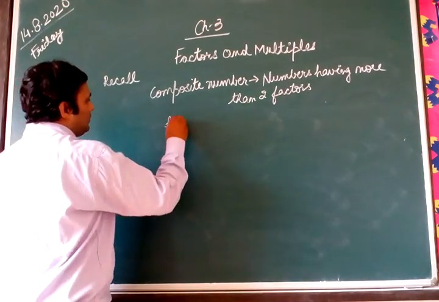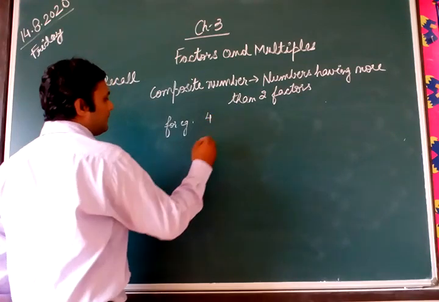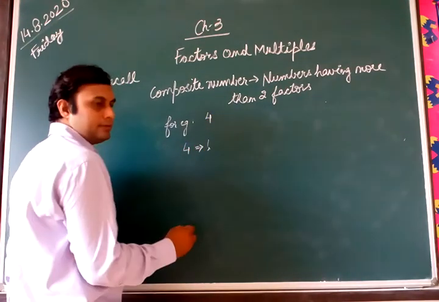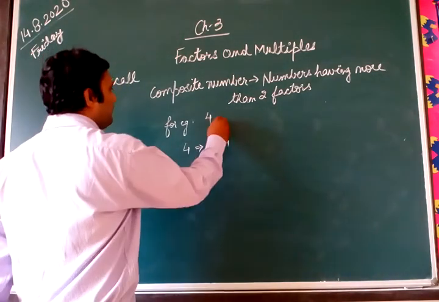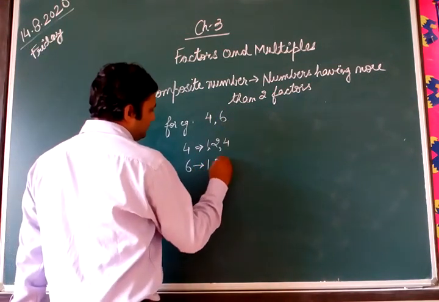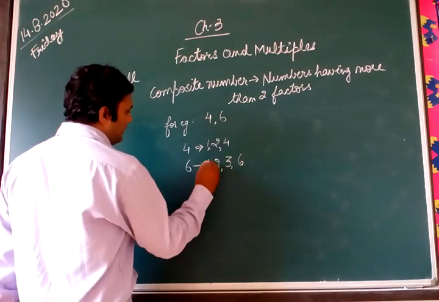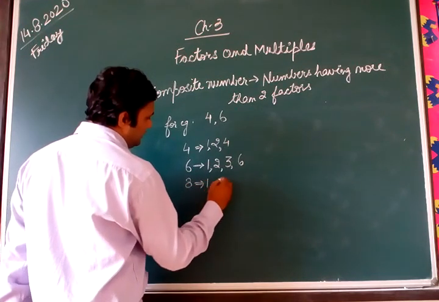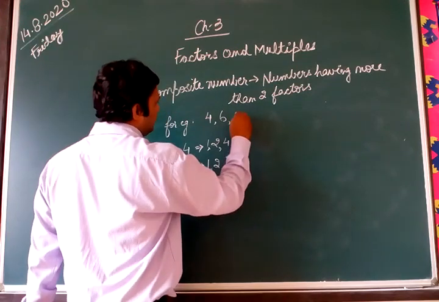For example, 4. The factors of 4 are 1, 2 and 4. For 6, the factors are 1, 2, 3, 6. For 8: 1, 2, 4, 8.